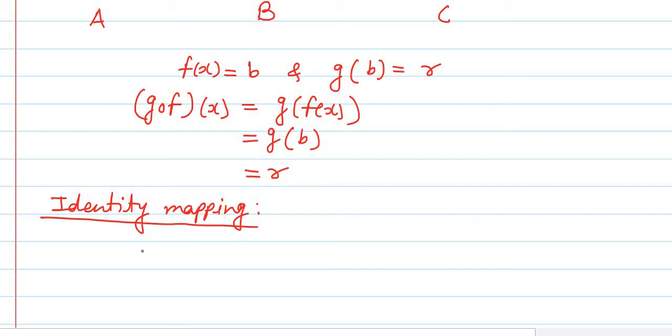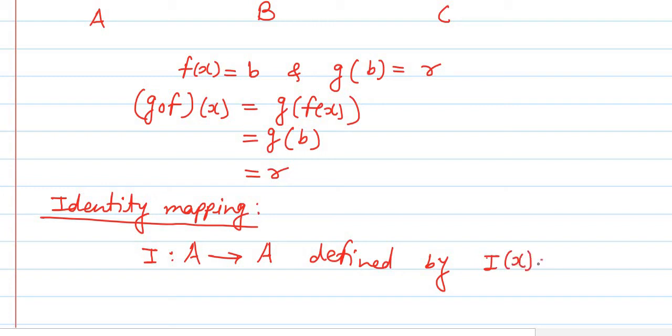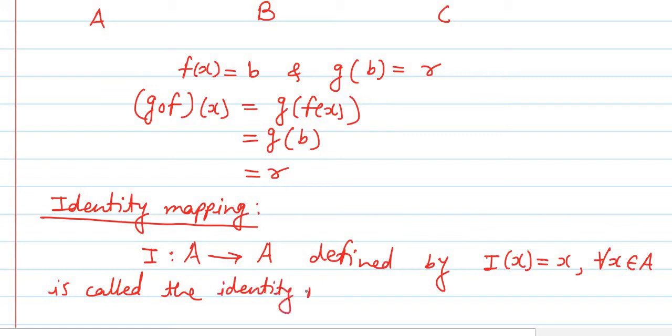If we have the set A, then a mapping capital I, from the set A to itself, is defined by I(x) = x for every x belonging to A. Then this I is called the identity function on the set A. Identity function from A to A means simply the identity function on the set A. Like this, we have the identity mapping.